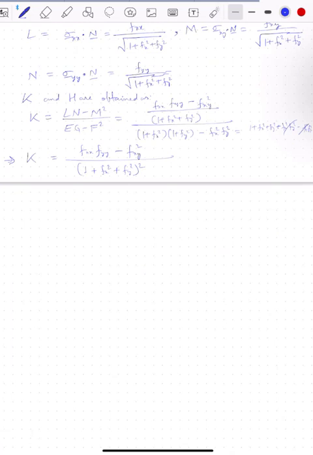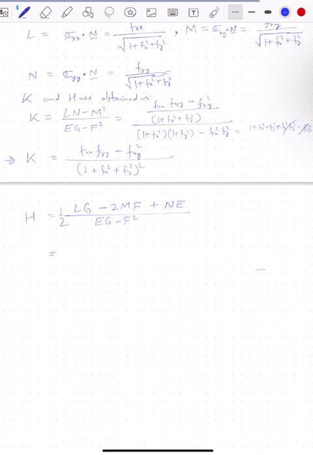And for the mean curvature, the expression is H is equal to LG minus 2MF plus NE, divided by, of course half of this, EG minus F squared. And I'm sure following similar steps, we can clearly obtain the expression for H, right?